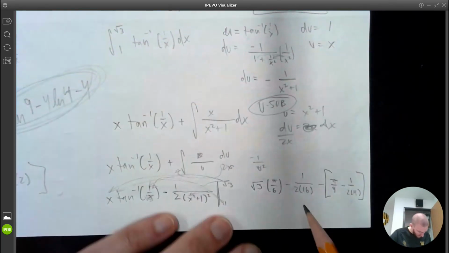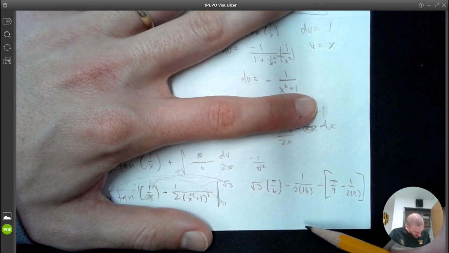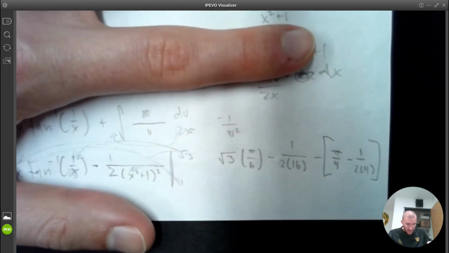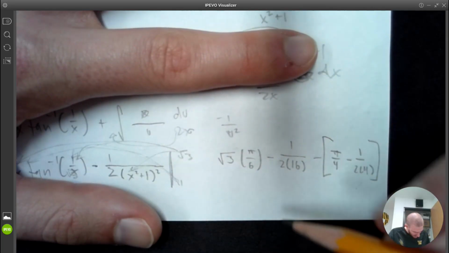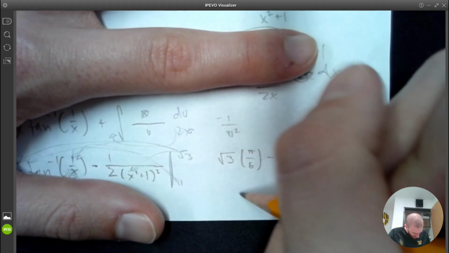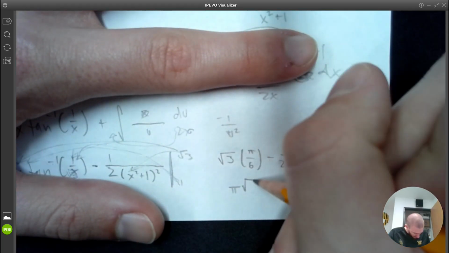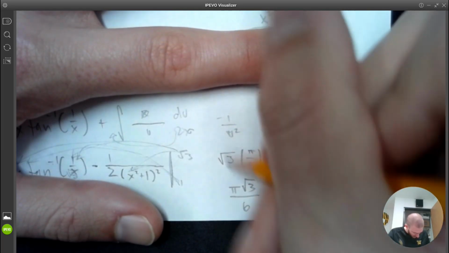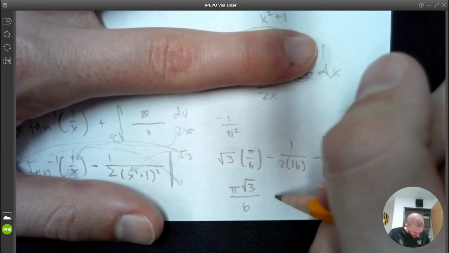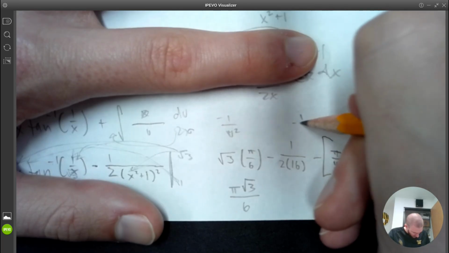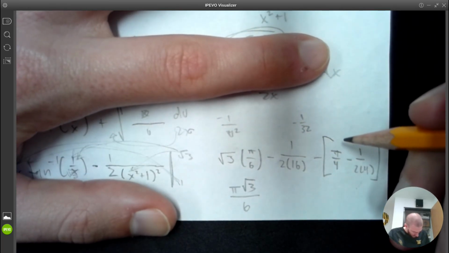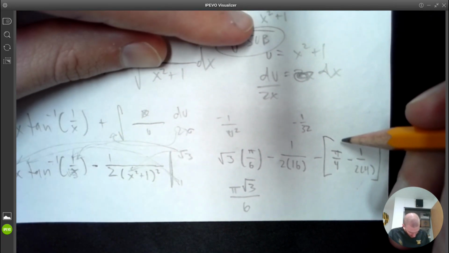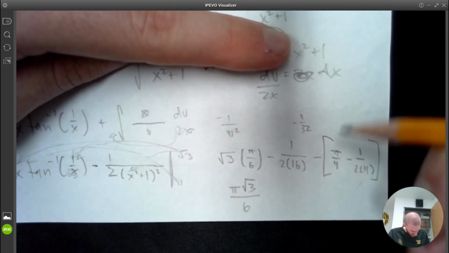Okay, let's get all this right and get out of here. We've got, this is not getting any nicer. This is pi square root 3 over 6. This term is negative 1 over 32, and it is supposed to be negative.